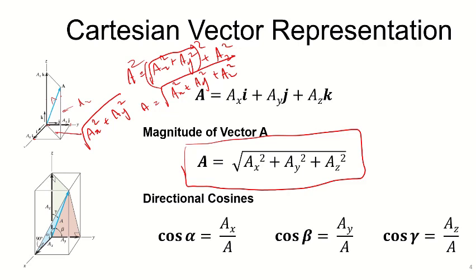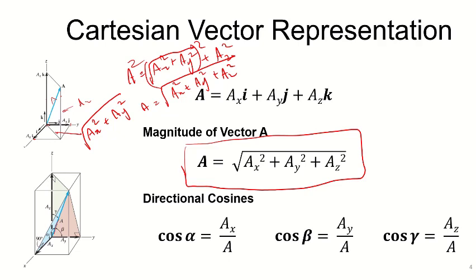Alpha is the angle between the tail of the vector A and the positive x-axis, beta is the angle between the tail of vector A and the positive y-axis, and gamma is the angle between the tail of vector A and the positive z-axis, right? So direction angles are always measured from the tail of the vector to the respective positive axis.